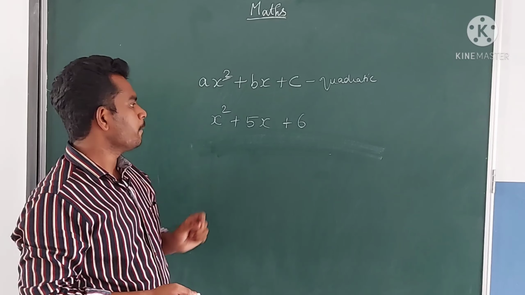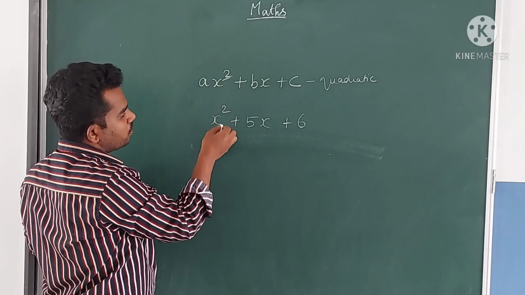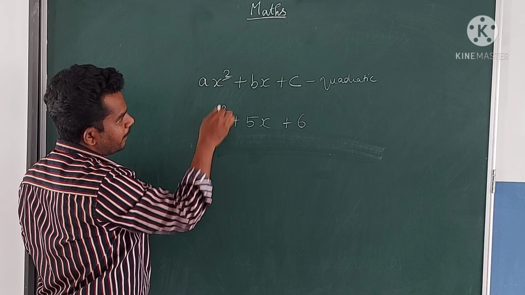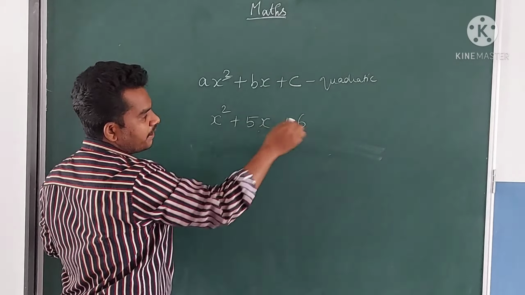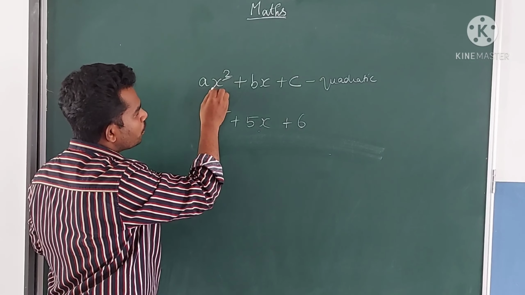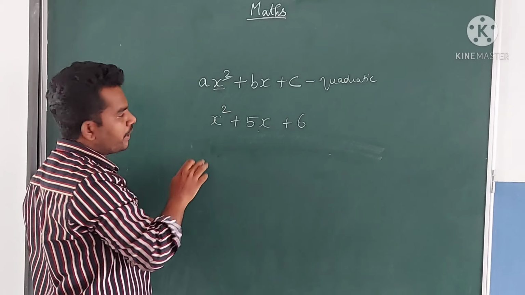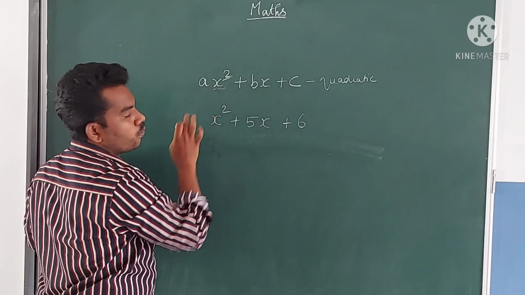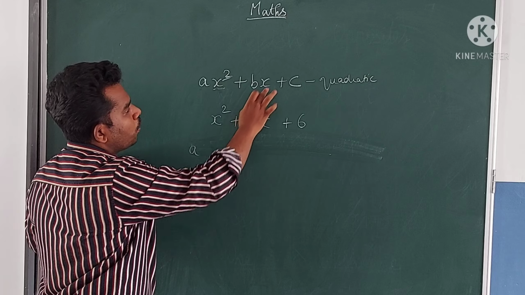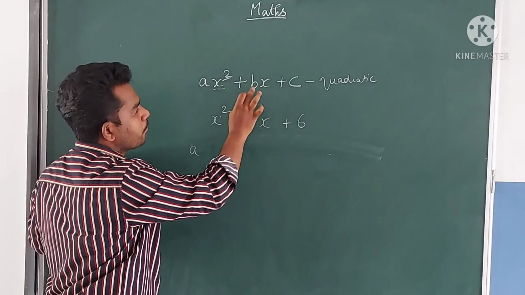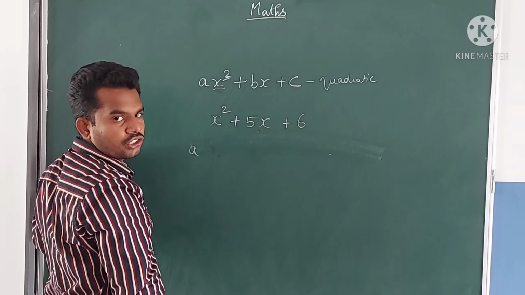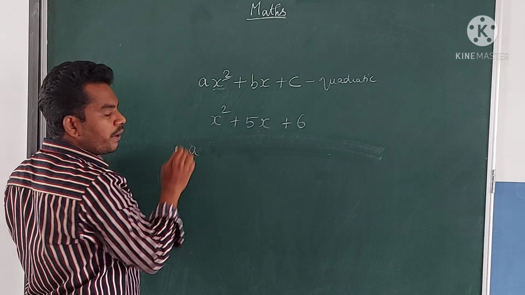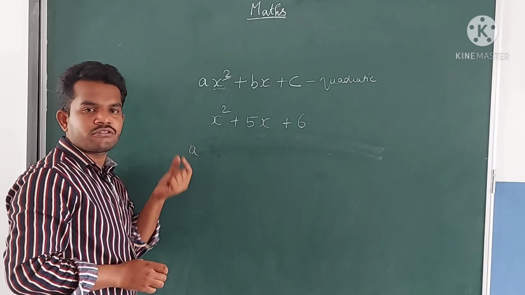So here it looks like ax square plus bx plus c. Here the coefficient of x square is a. What is the coefficient of x? b. c is a constant. So here, what is the coefficient of x square?